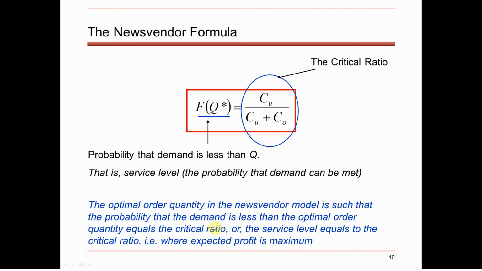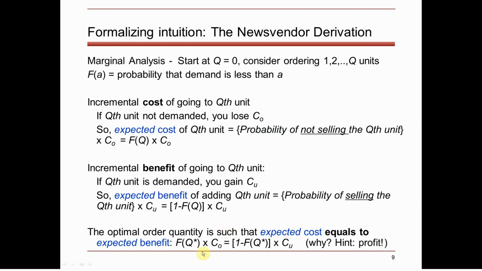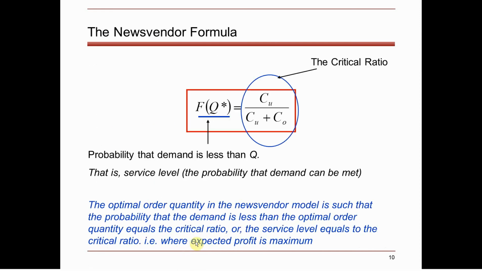If you solve this for Q star, well, first solve for F of Q star, you'll see that we get this thing called the critical ratio: Cu, the underage, divided by the underage plus the overage. So this ratio, which we call the critical ratio, is going to be that point that balances out the underage and the overage costs, so that the likelihood is based on how likely it is we sell Q star.